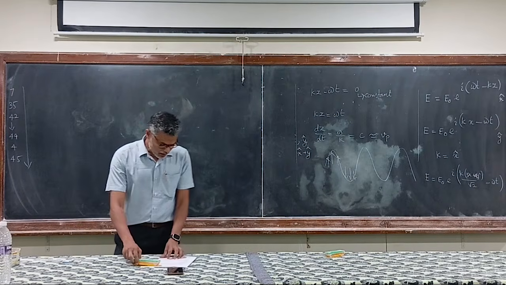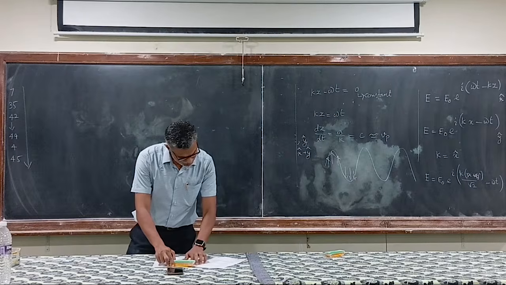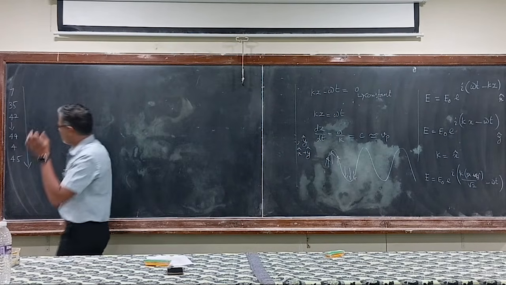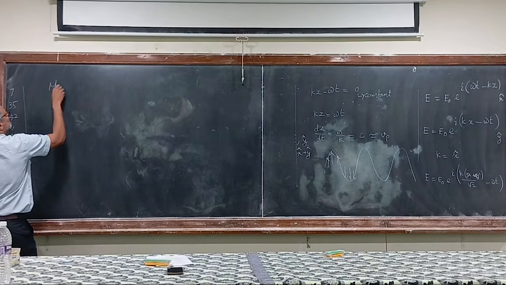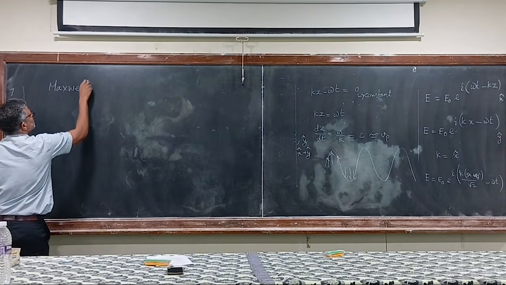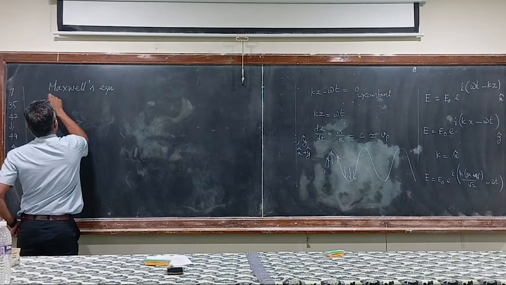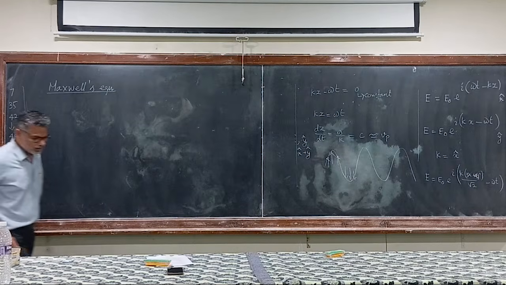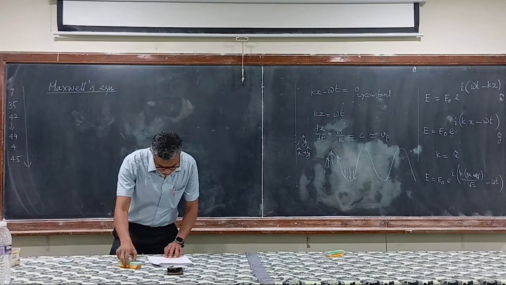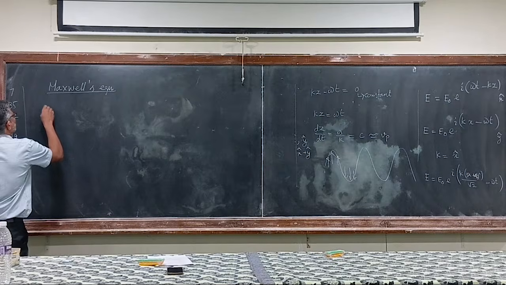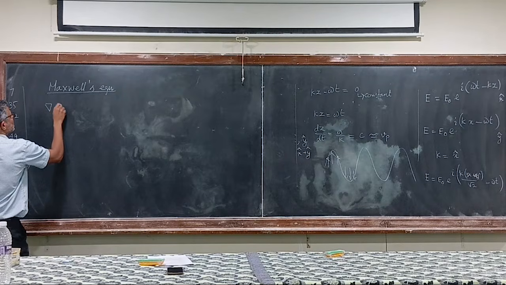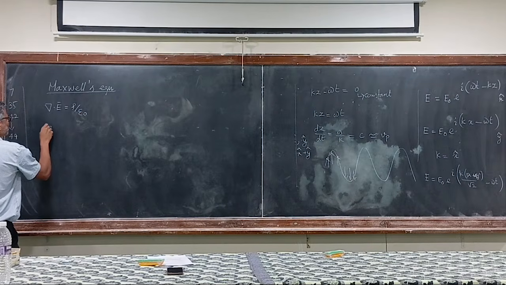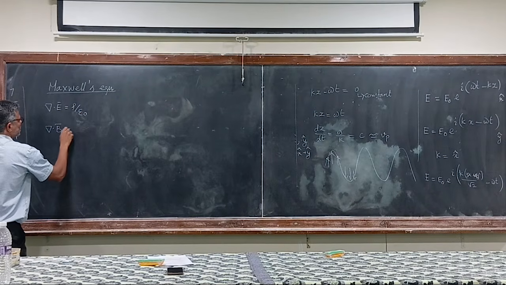Now let's go into problem number 7. When you say wave, basically it is Maxwell's equations. Del dot E equals rho by epsilon, and del dot B equals 0.